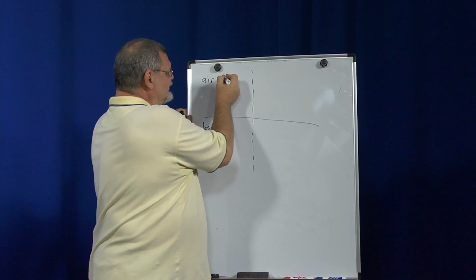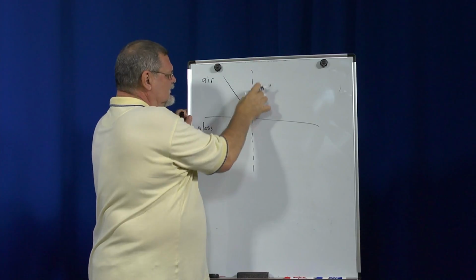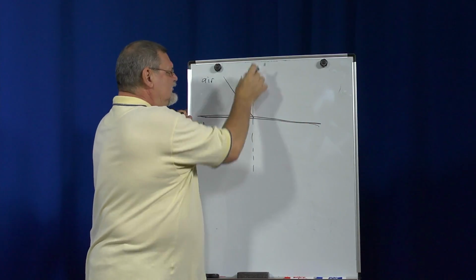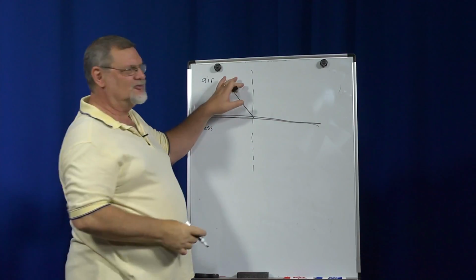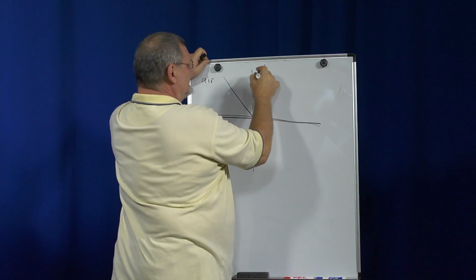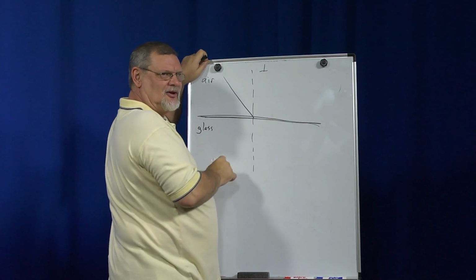Here comes my incident ray, and I've drawn this line here. This is my surface. This is my boundary. I've drawn this line here. This is my surface normal. And it's just a line that's perpendicular. This line is perpendicular to the surface. That's all it means.